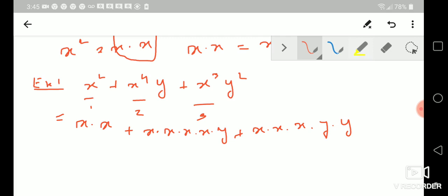Okay, so if we look into all the terms after we simplified it, the first term has x and x, the second term has 4 x's multiplied, and the third one has 3 x's multiplied. But what is common between all three is x and x, that is x to the power 2. So this is our common factor, x dot x.